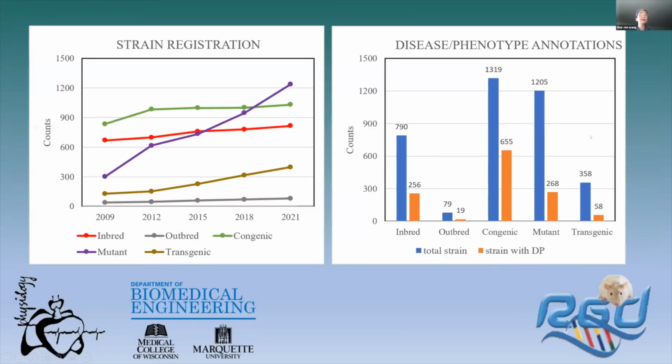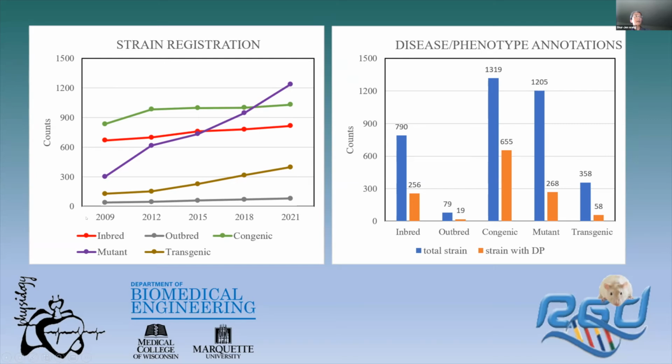And so these registered strains are annotated with disease and phenotype annotation. In this chart, you can see that the congenic strains are the most annotated, and about 50% of congenic strains are annotated with disease or phenotype.